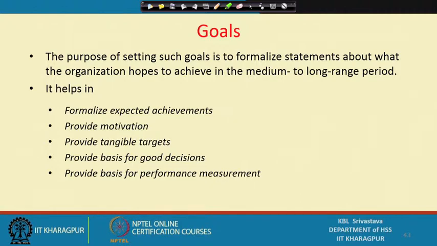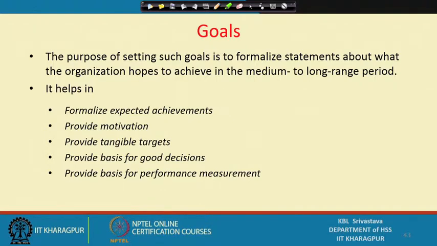When we say that we are going to set goals, the idea is to formalize what exactly we want to achieve as an individual, as a unit, as an organization. This could be in the short term as well as in the long term. The goal has to be defined in such a way that it acts as a director to the organization: this is what we need to achieve within a given time frame, whether short term, medium term or long term.